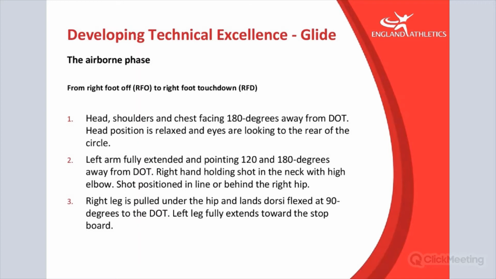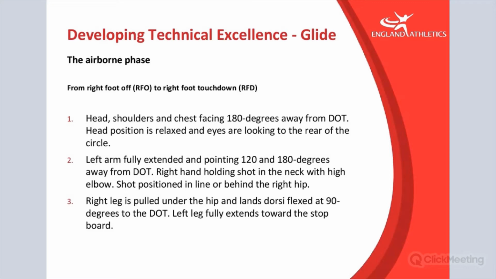The left arm is fully extended, pointing somewhere between 120 and 180 degrees as the right foot touches the floor. That's somewhere between half the 9 o'clock position on the circle to the 12 o'clock, if 12 o'clock is the rear of the circle. Right hand holding the shot high in the neck with a high elbow. Shot positioned in line or behind the right hip.